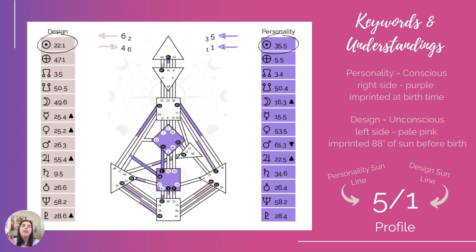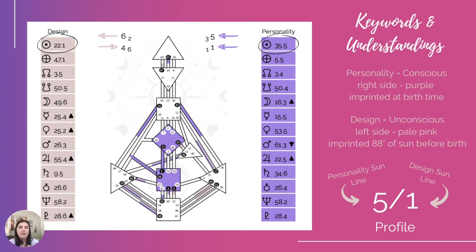It comes from the first line, the sun line, on your personality or conscious side, that purple column, very first number, and then that second number comes from the design side, that .1 or first line. So that's how my profile is determined.